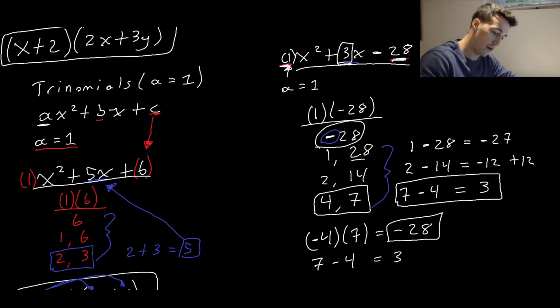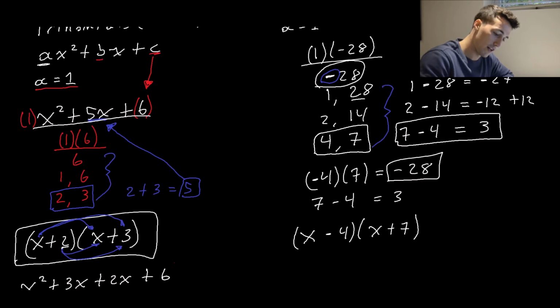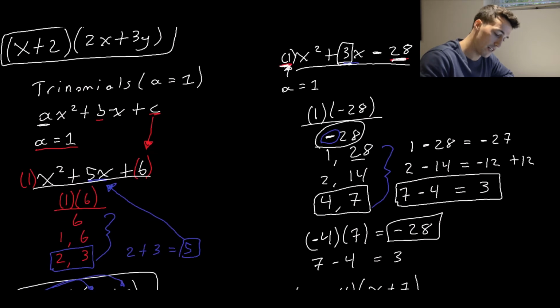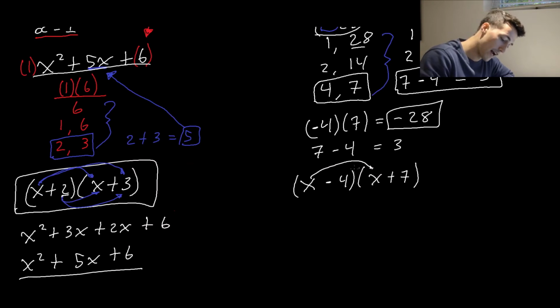So what we can do now is write this trinomial as x minus 4 times x plus 7. And again, we can check our work by seeing if we expand this, it gives us the expanded form of what we're trying to factor. So we do x times x, x times 7, and negative 4 times x, and negative 4 times 7.